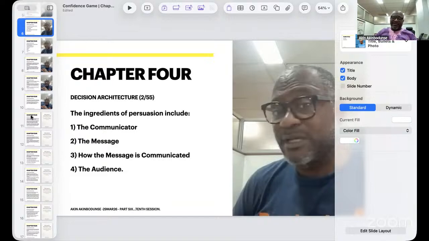There is the communicator, which on the unethical side will be the grifter, and every other thing is just the communicator, the presenter, and there's a message to be passed across. There's a how, that the message is being passed across, and obviously there's the audience, which could be the mark.